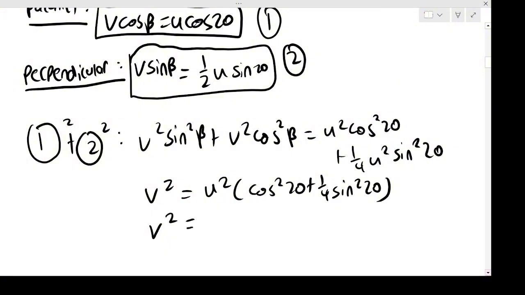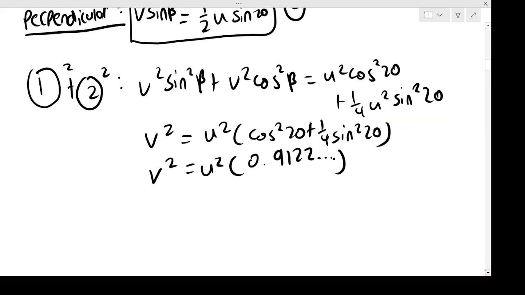So at that point, if I want to find v, I am going to have to just evaluate the angles and get it in decimals, right? So if I evaluate cos squared 20 and a quarter sine squared 20, I'm going to get 0.9122 blah blah blah.